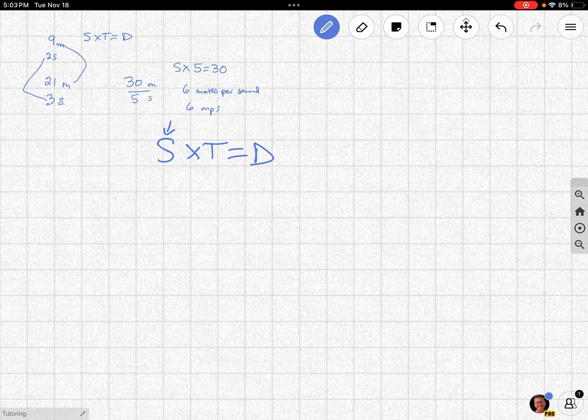Can we figure out the total distance? If it travels 80 miles and then 320 miles, it's going 400 miles, right? And if it's taking 2.5 hours and another 5 hours, the time it's taking is 7.5 hours. How are we going to find this number? Again, it's a missing number in a multiplication problem, so we're going to divide.